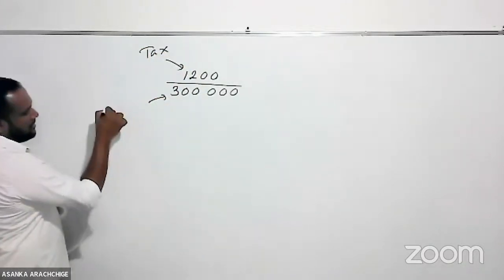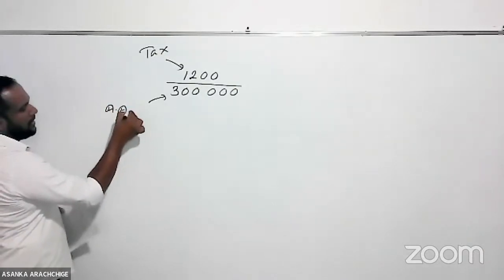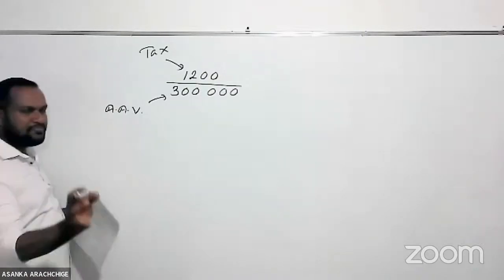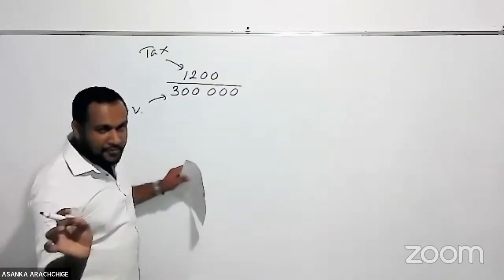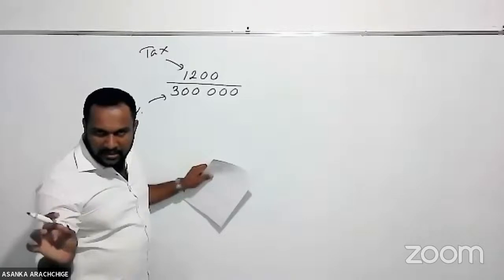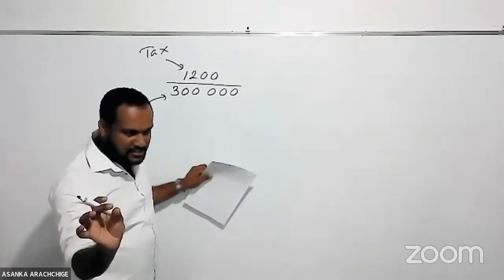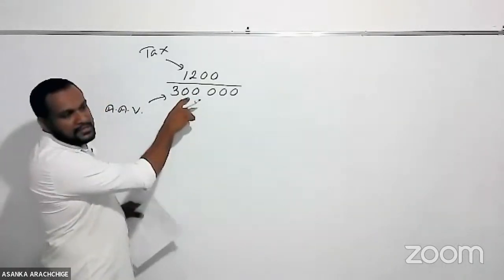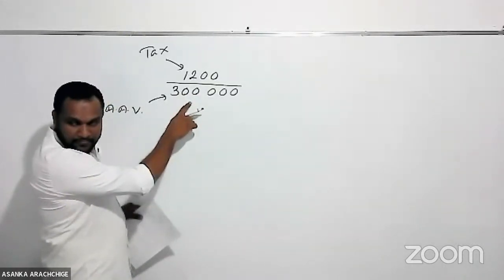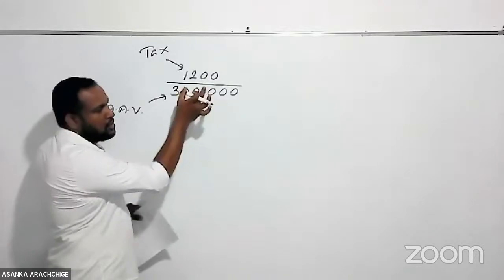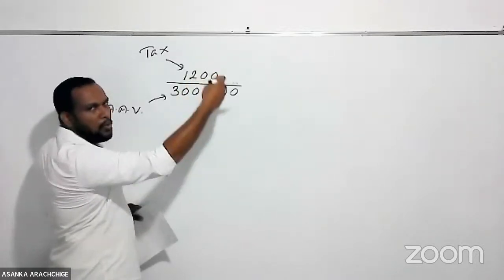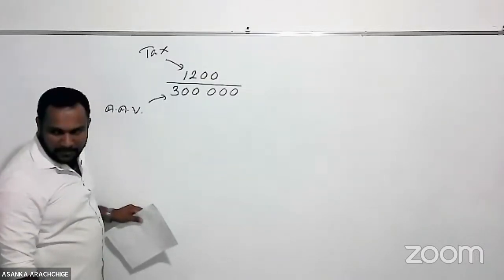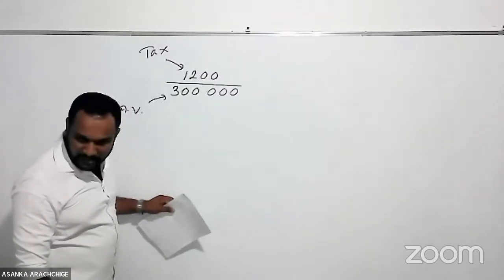This is the assessed annual value. So, the percentage of the rates means the amount of tax charged upon 100 rupees of annual assessed value. If the assessed annual value is 100 rupees, what is the tax that has to be paid per year? That is called the percentage.